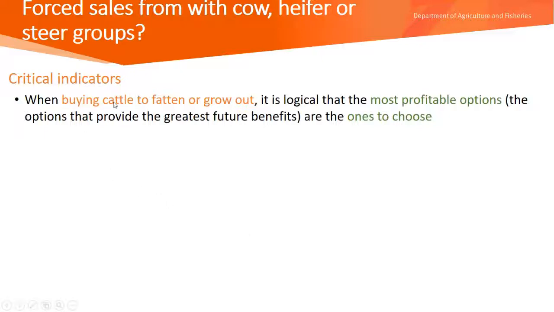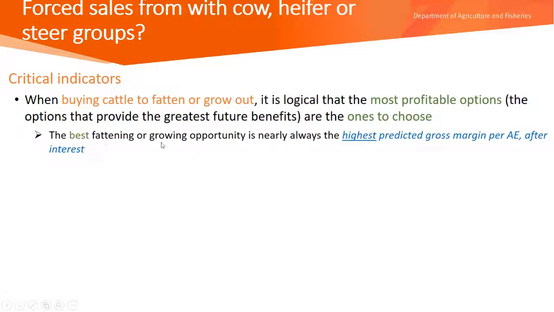So the critical indicators that we're going to look at in this analysis: when you're looking at buying cattle, the opposite to what we're doing now, to fatten or grow out, it's logical that the most profitable option, the one that provides the greatest future benefits, is the one to choose. So the best fattening or growing opportunity is nearly always the highest predicted gross margin per AE. When you're looking at choices between different classes of cattle to buy for fattening or growing, it's nearly always the highest gross margin per AE after interest that is going to be the best one.